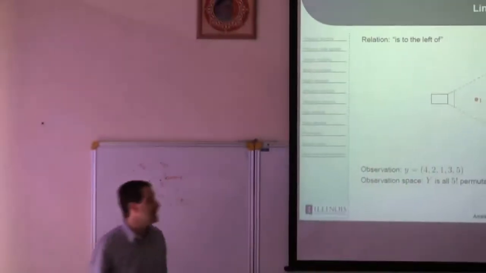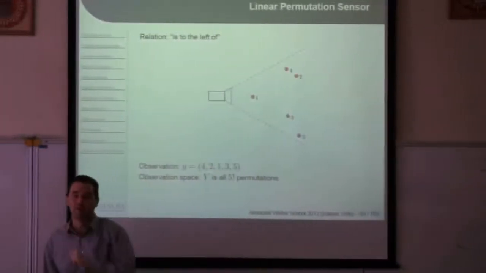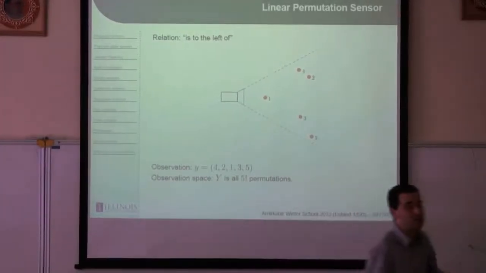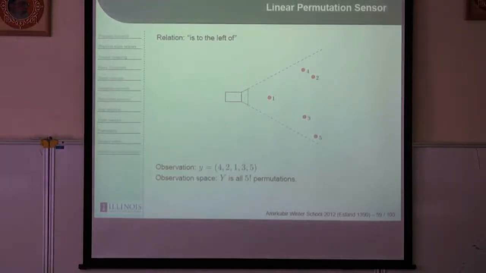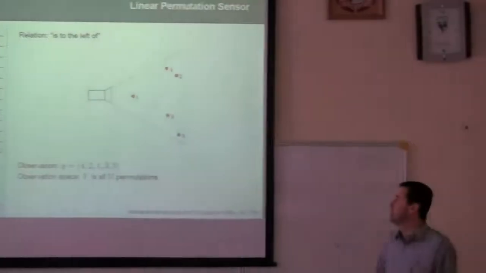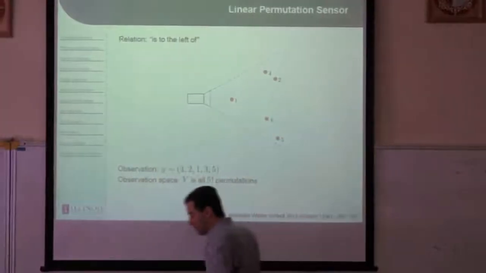If I can extract that information for all pairs of bodies, then I can give you a permutation. It's just telling what the order of the bodies is in the camera's field of view. But this information does not tell me the precise angles. I don't know what the angle is between them. I'm only saying that the sensor gives you the permutation.